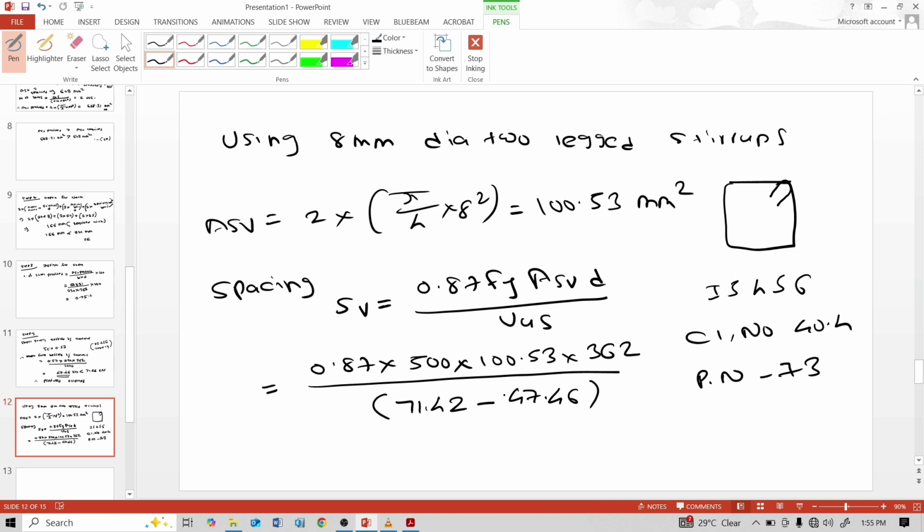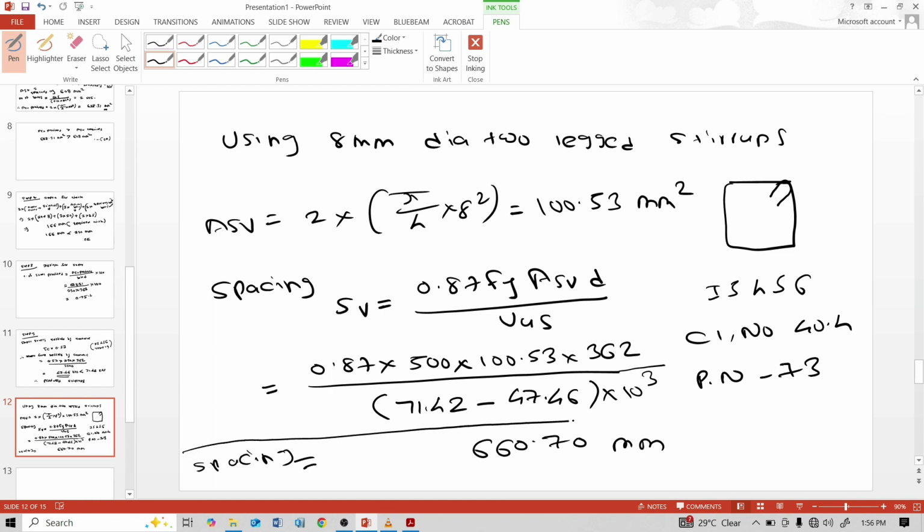This much additional shear resistance required, and this is in kilonewton. Multiply by 10 raised to 3, convert it into Newton, and calculation of this is 660.70 mm. This spacing comes, but the spacing is very big, and in IS code there are provisions.